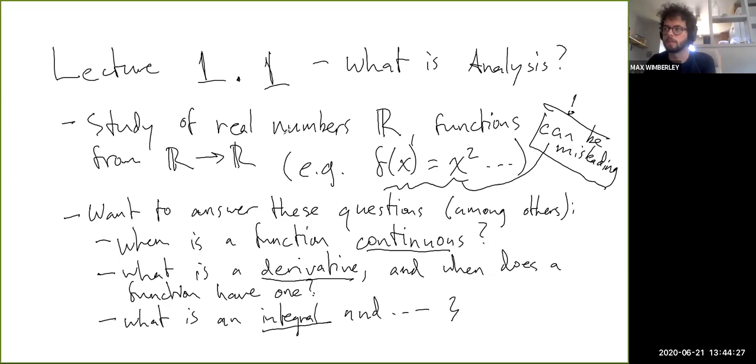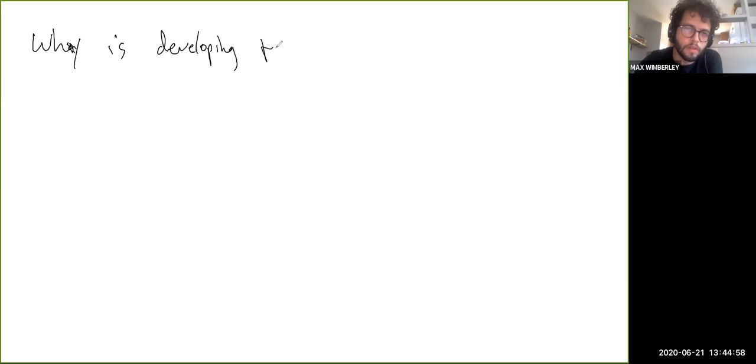I keep hinting at this idea about functions. Let me clear the board here. Why is developing these ideas so difficult?